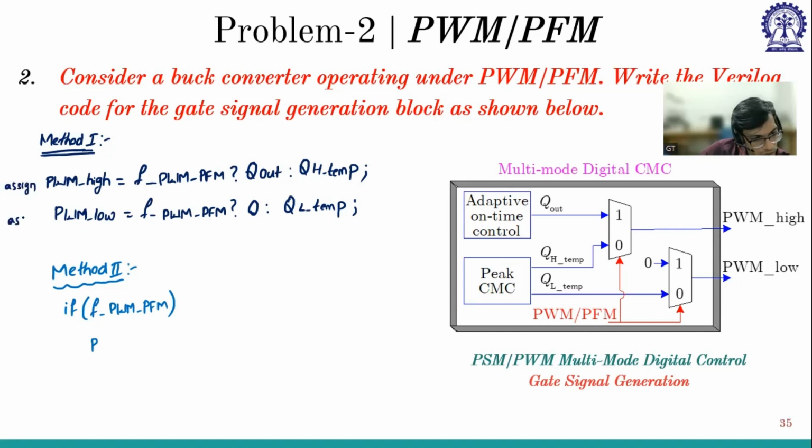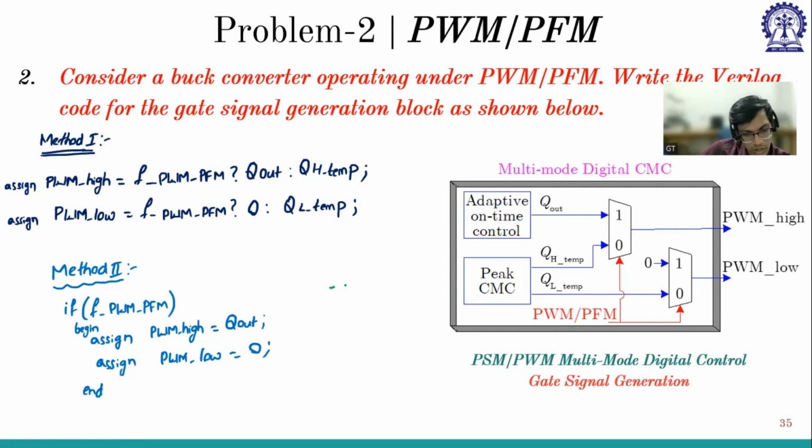Here also assign. There will be begin end because there are multiple statements. Assign PWM high is equals to Q out, and assign PWM low is equals to 0, because 1 means it is adaptive on time, and then the if condition is ended.